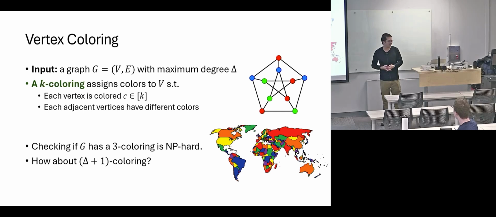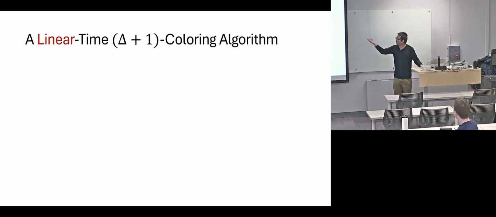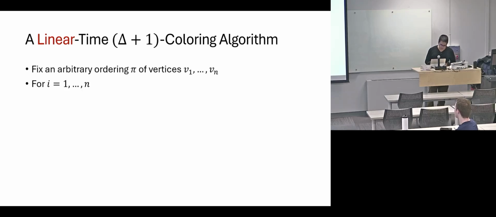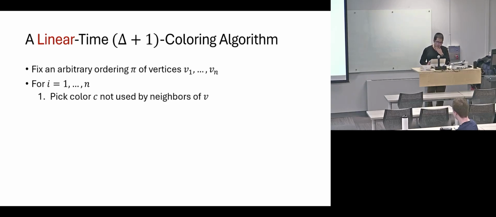Just from this, you already get a linear time algorithm. How? Fix some arbitrary ordering of vertices, and then loop from i equals 1 up to n. For vertex vi, just pick a color that is not used by its neighbors.